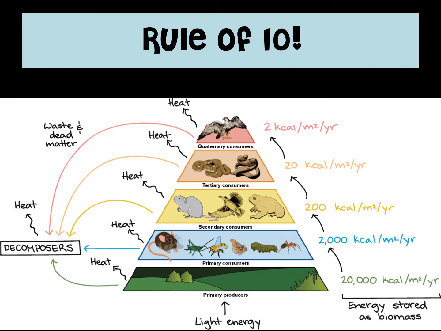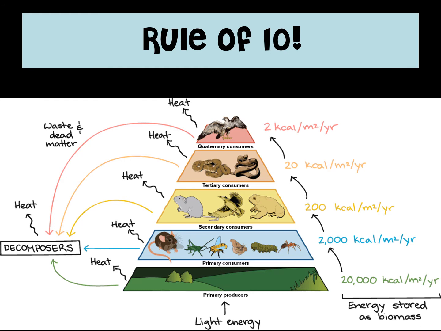The rule of 10 applies to this flow of energy in a system, and the rule of 10 states that 10% of the energy is available to the next trophic level when something is eaten. The other 90% is wasted as heat energy. The energy is not destroyed, it's simply converted to a form that cannot be used.